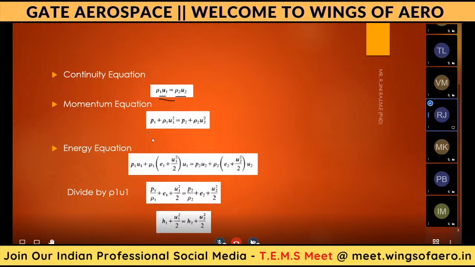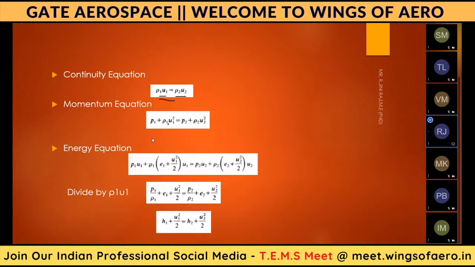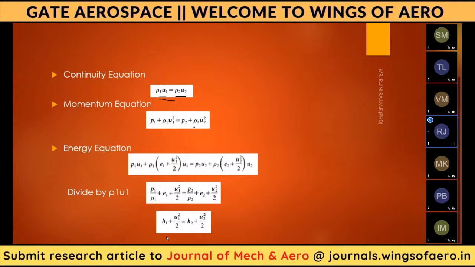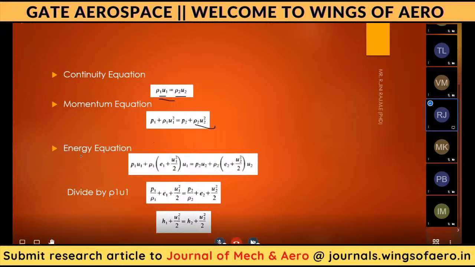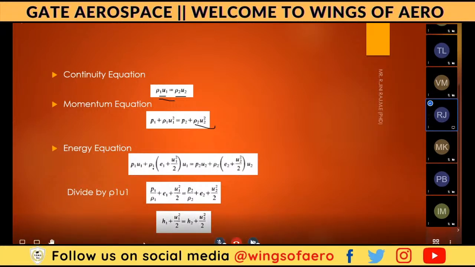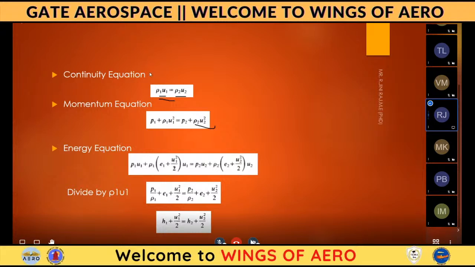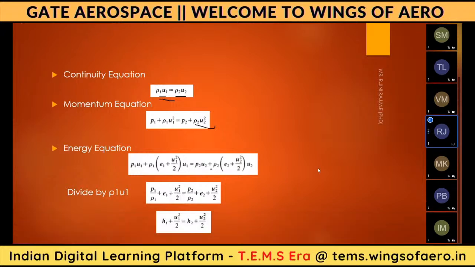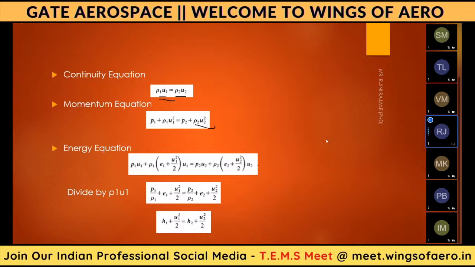Therefore, rho 1 u1 equals rho 2 u2. In the same way, the momentum equation: p1 plus rho 1 u1 squared equals p2 plus rho 2 u2 squared. Same way, the energy equation: p1 u1 plus rho 1 (e1 plus u1 squared by 2) u1 equals p2 u2 plus rho 2 (e2 plus u2 squared by 2) u2.